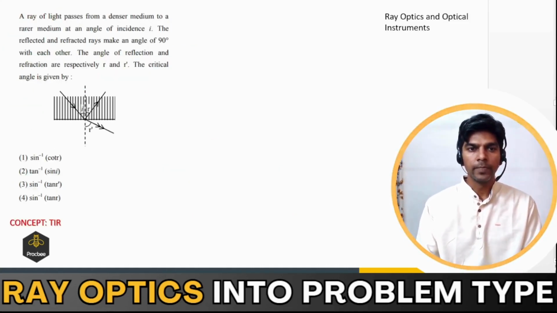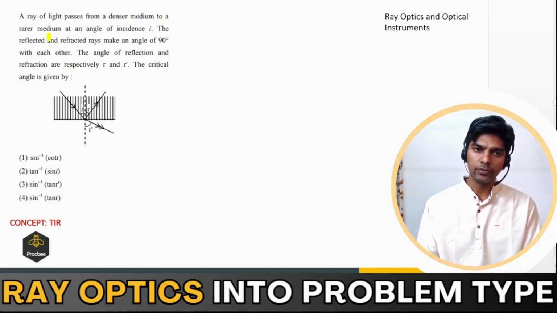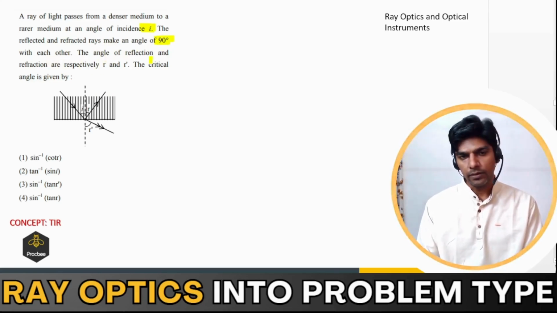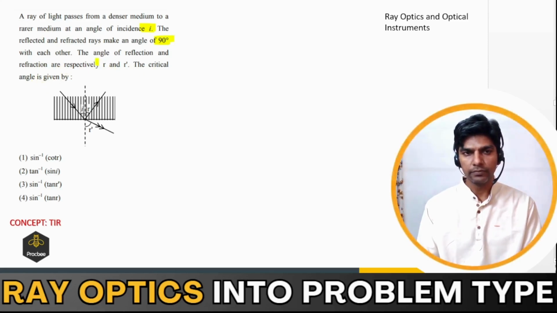So let us see a question. Here a ray of light passes from a denser medium to a rarer medium at an angle of incidence i, and the reflected and the refracted rays make an angle of 90 degrees with each other. The angle of reflection and refraction are respectively r and r prime. The critical angle is given by. Right. So we know that critical angle is sine inverse refractive index of a rarer medium upon refractive index of the denser medium.